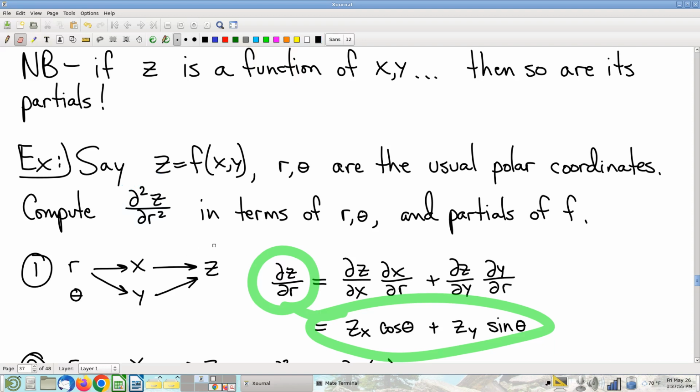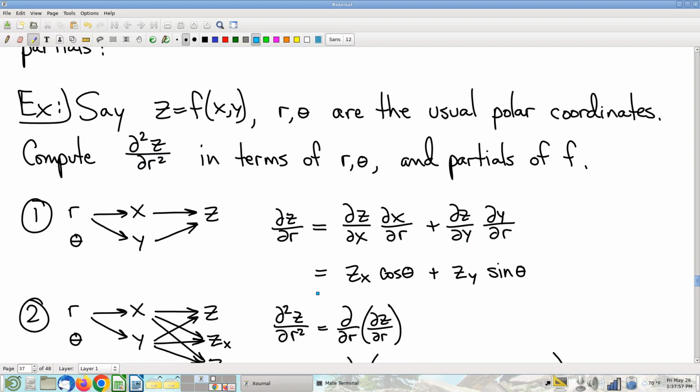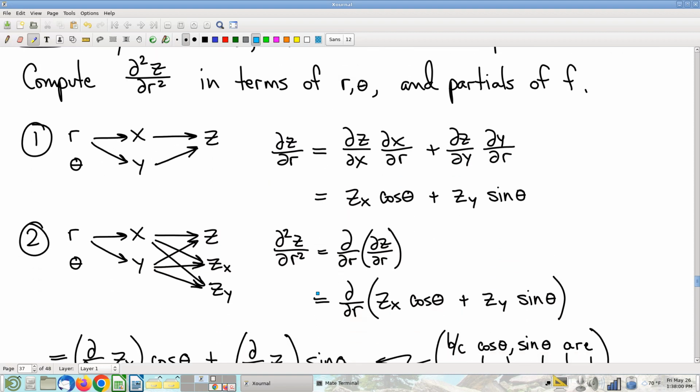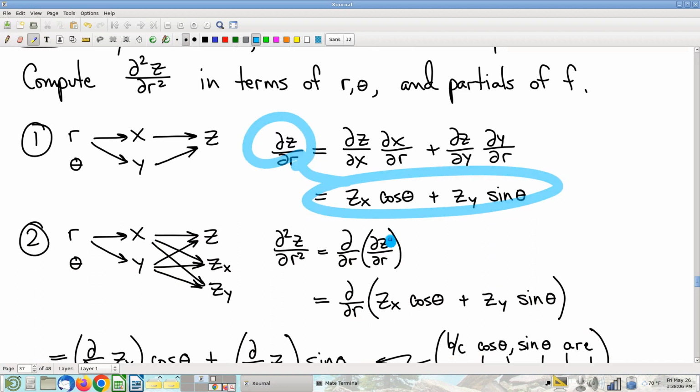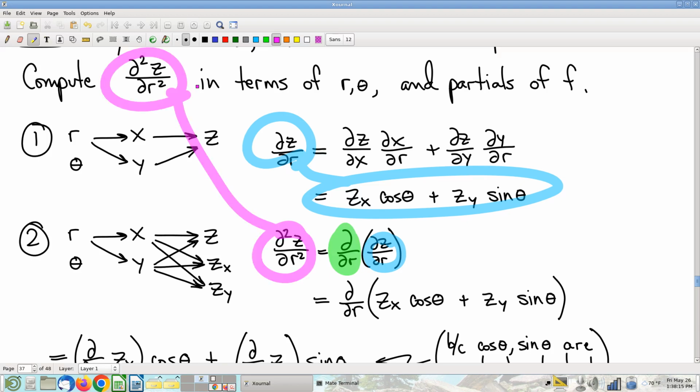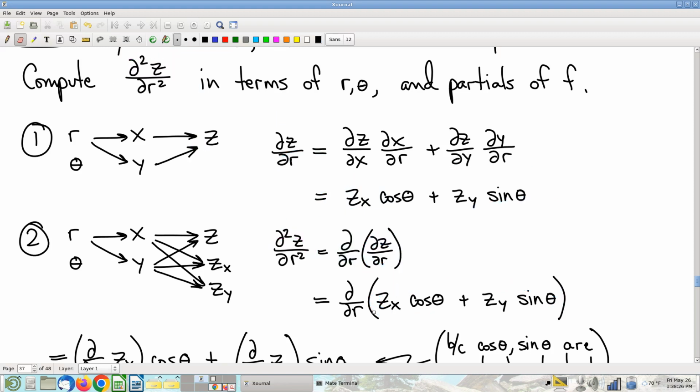All right. Okay. Well, as I've written here, let's see here. I think this is our z sub r. And so we're interested in taking the r partial of that z sub r to get the second partial that we're actually interested in. Again, don't forget, we've already computed that first r partial. It was this formula here. Okay, so we're good down to here.